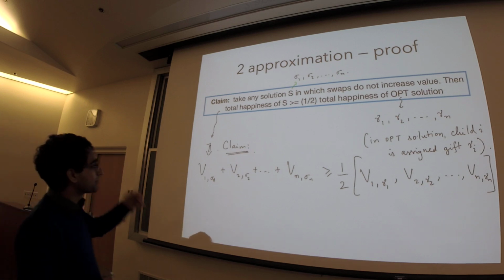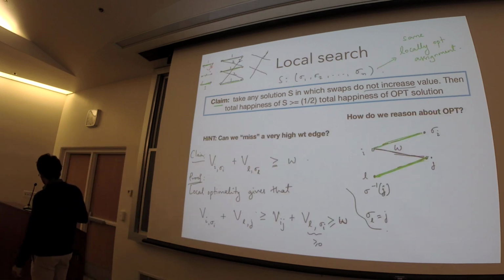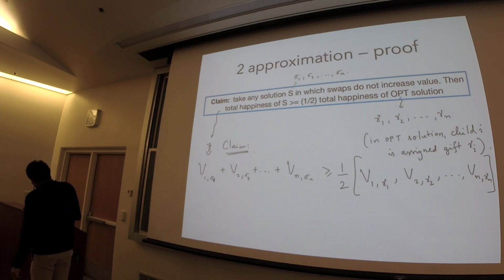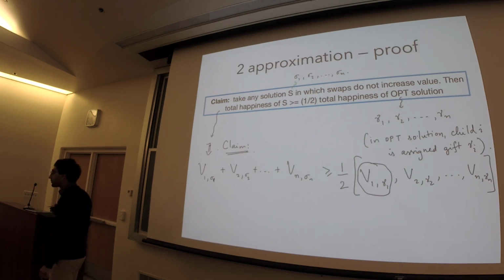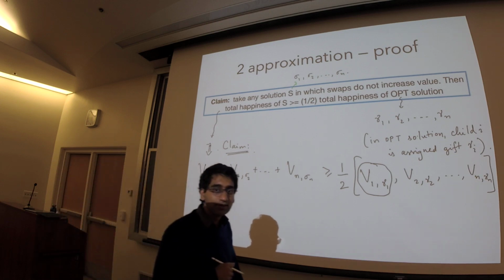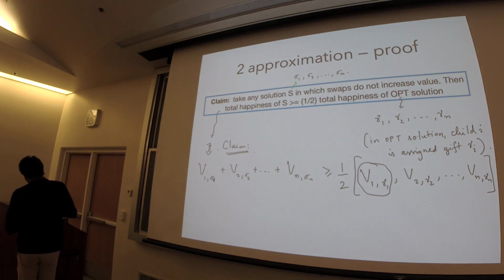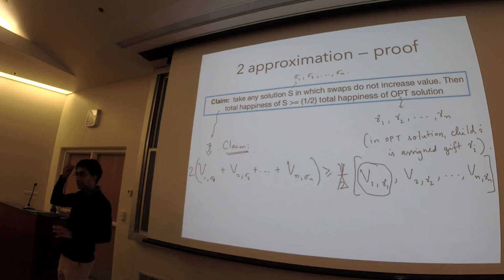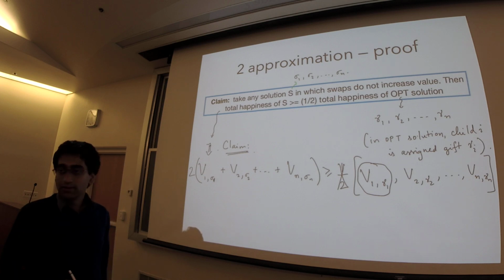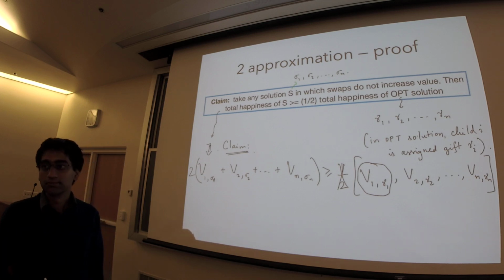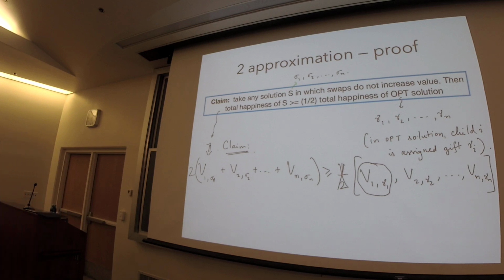Going by the idea from the previous slide, can you say that this quantity is half of the other? So this is equivalent to showing that this is 2 times this. Okay, so these two are the same. And with this claim, you say V1 sigma 1 plus V2 sigma 2 should be larger than the other.